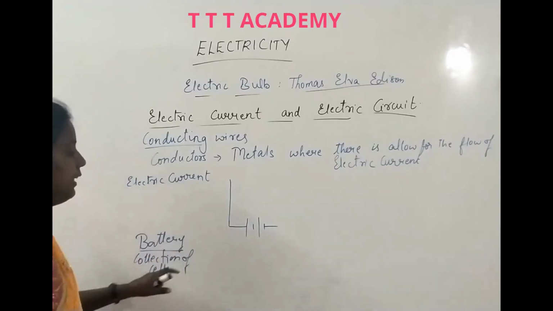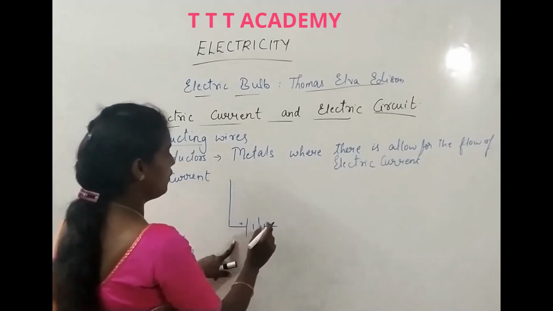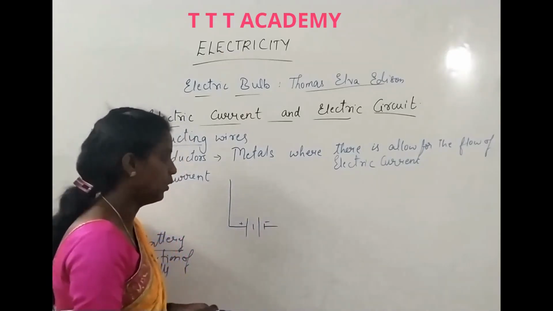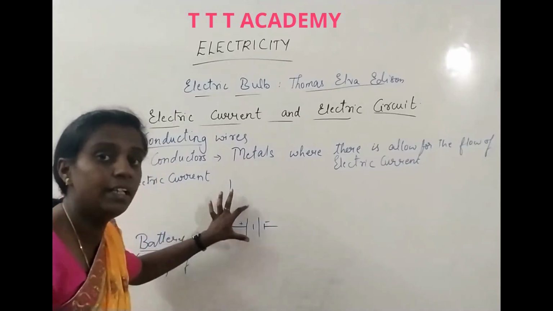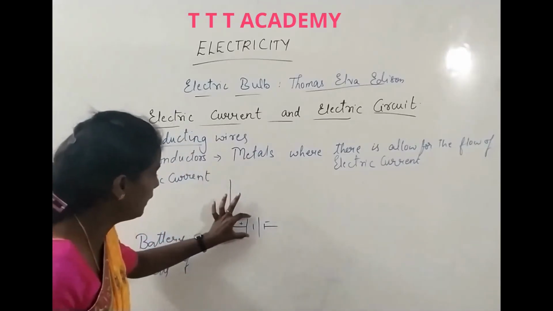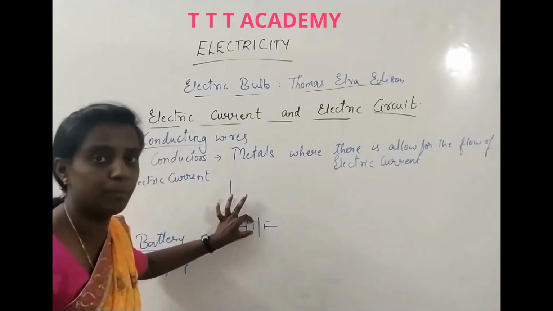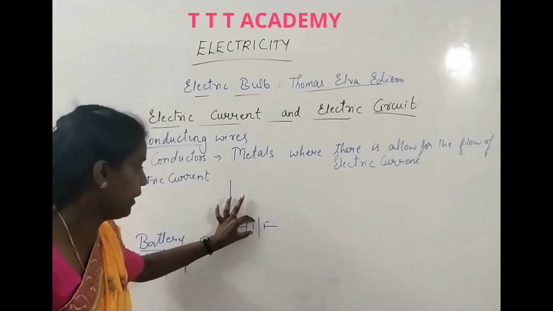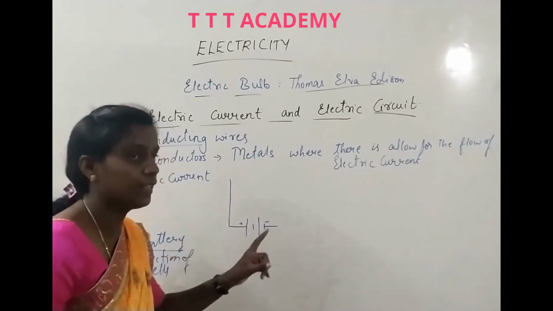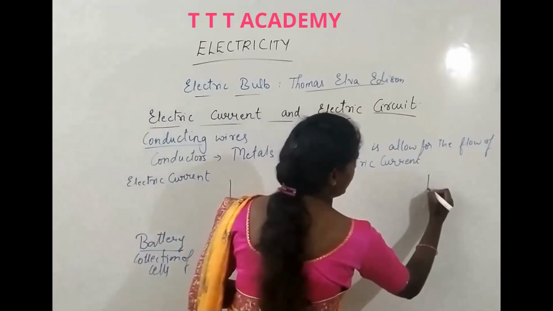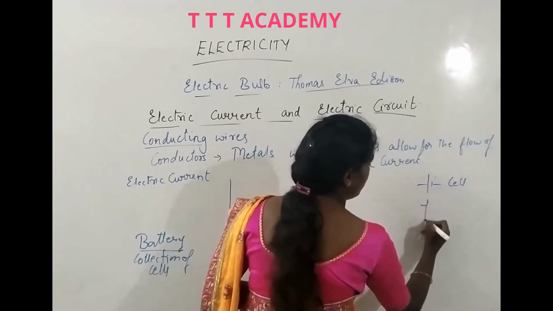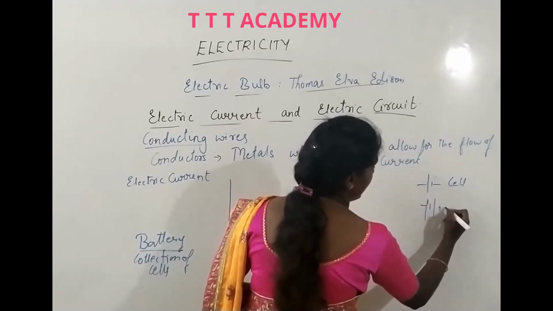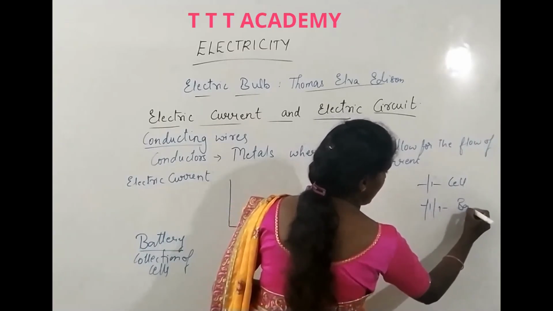In this battery, we have one positive and one negative terminal. The positive is always represented by a bigger line and the small line represents the negative. One positive and one negative represent a cell.